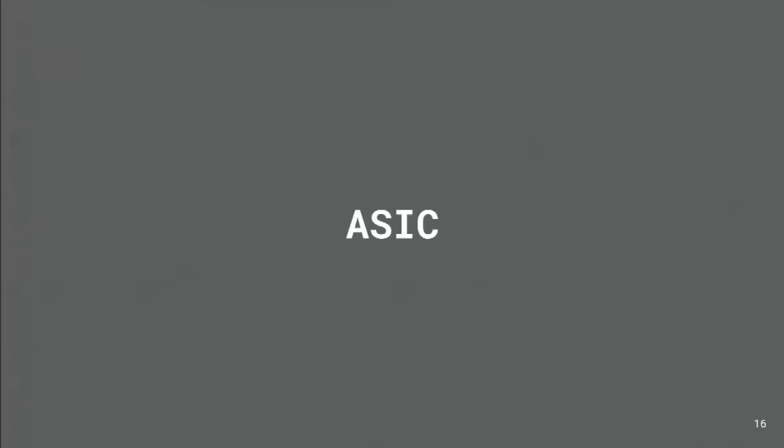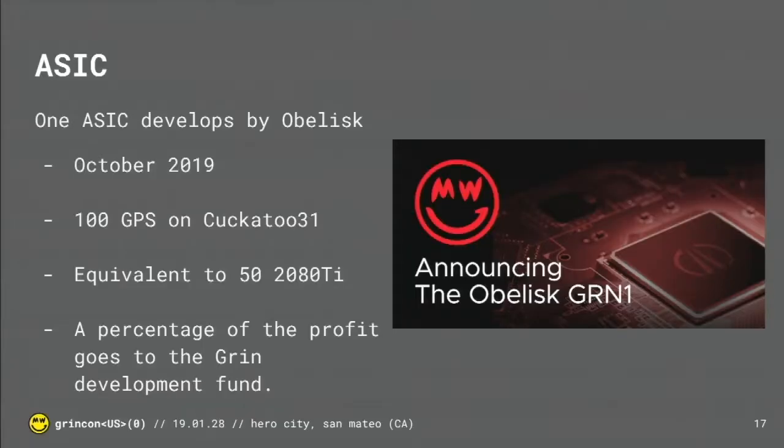So ASICs, really a new section actually. We are really lucky to have two manufacturers working on ASICs in public as of now. The first one is Obelisk, maybe in the room, I don't know.